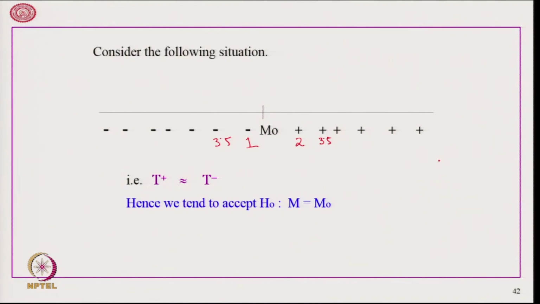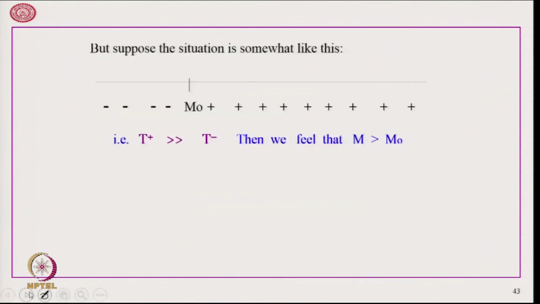Therefore, as we can understand from this diagram, T plus, which is the sum of ranks of the positive ones, is going to be approximately close to the sum of ranks of the negative ones under m is equal to m naught. But suppose the situation is somewhat like this, we would expect the alternative is like this, but the observation is such that there are so many positive signs here and so few negative signs here. Then what will happen?